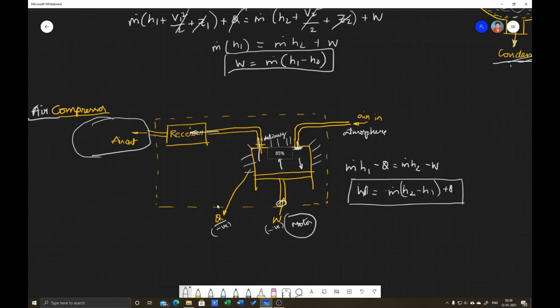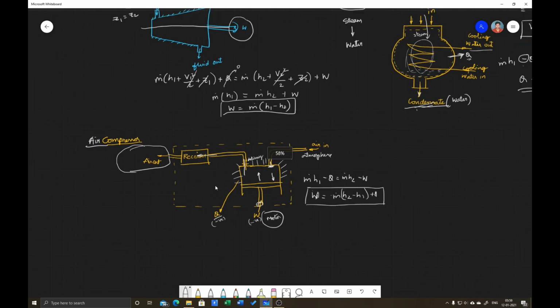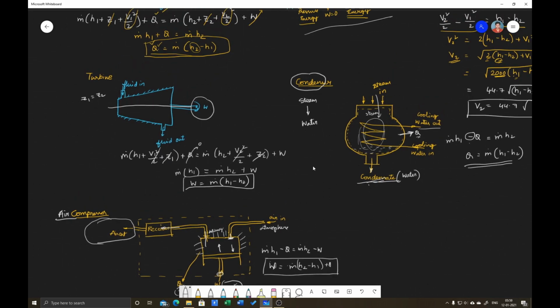Okay, these are all steady flow energy equation applications. Most probably there will be a question from this, or NFE, non-flow energy equation, and also the first law applied to a cyclic process.